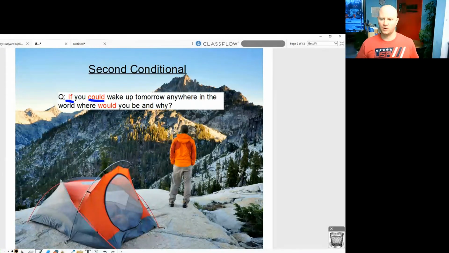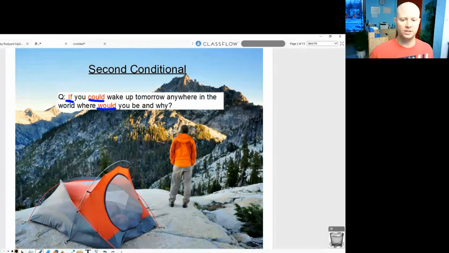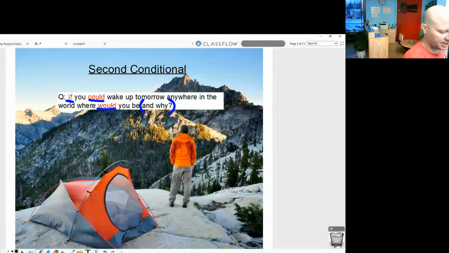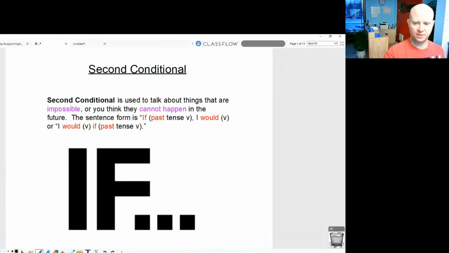wake up tomorrow anywhere in the world, where would you be and why? The and why is kind of an add-on question. So let's compare the question there to this structure.